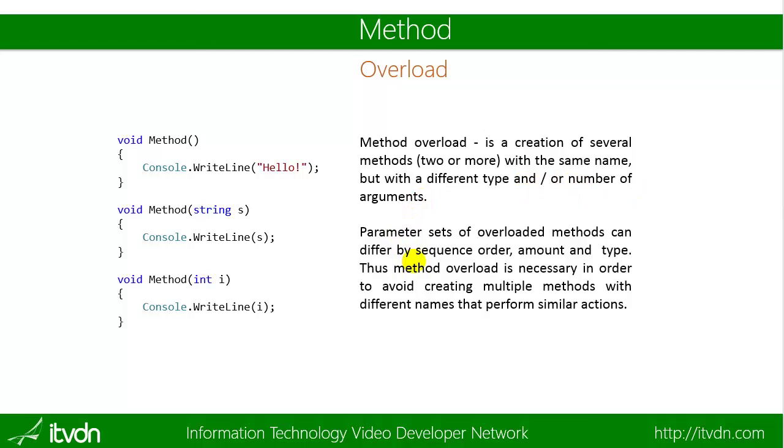The parameter sets of overloaded methods can differ by sequence order, for example 1, 2 and 2, 1, or 1, 2, 3 and 2, 3, 1. So order, sequence, and amount. If you have 2 and you have 1, of course they are different.